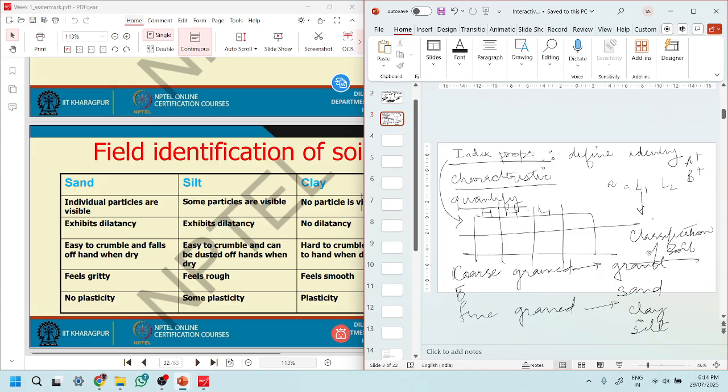Why this classification is needed, first of all, is because all these types of soils behave very, very differently from each other. Even though all of these are soils, they are a subset of a broader category, they behave very differently.